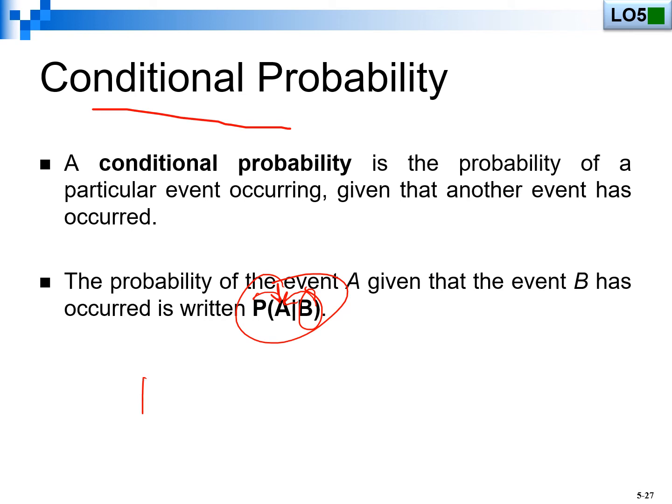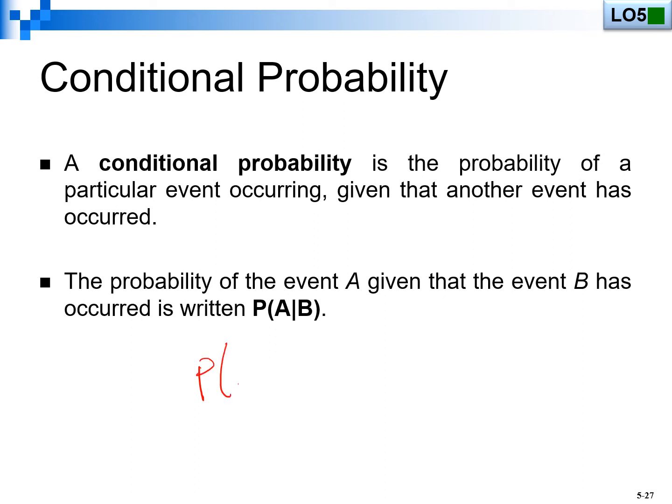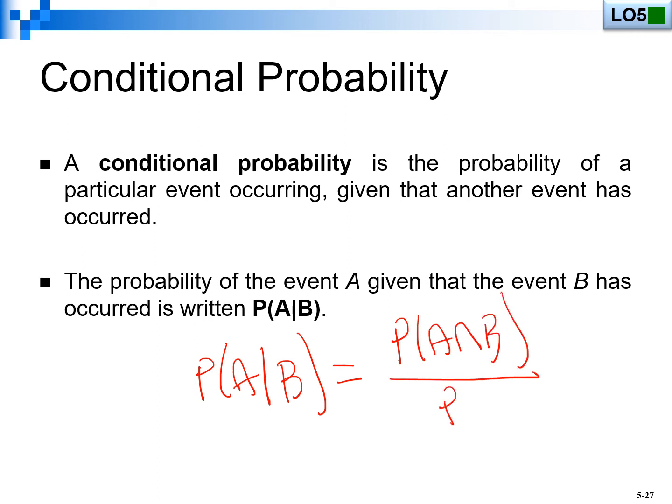The basic formula is the probability of A given B equals, the way they would say it, A and B divided by the probability of B. I like to write it as the probability of A given B equals A arch B divided by the probability of B. Make a note that this numerator is referred to as the joint probability.